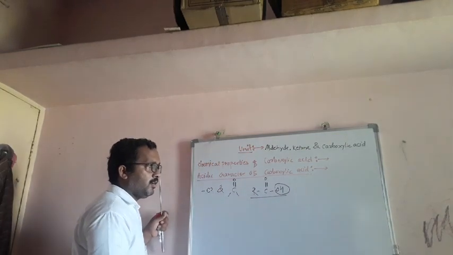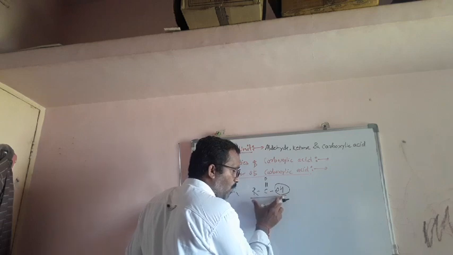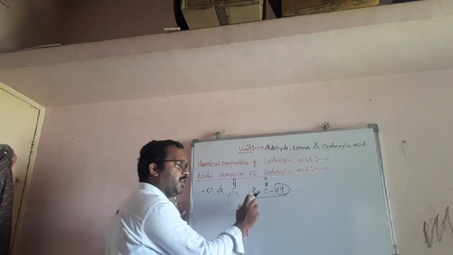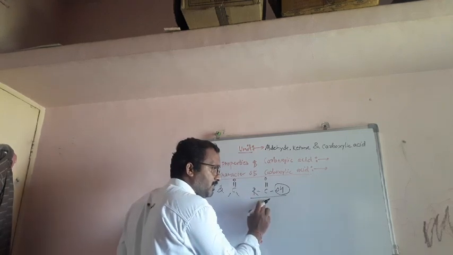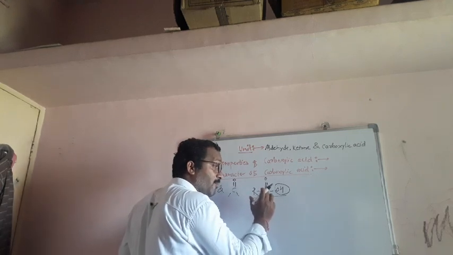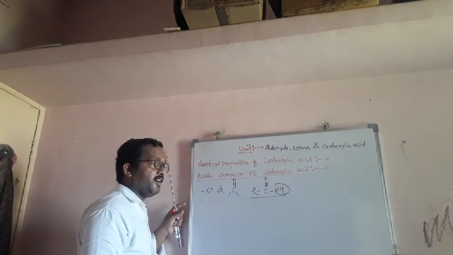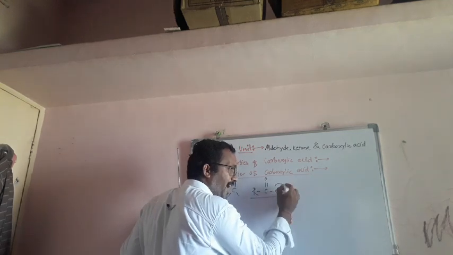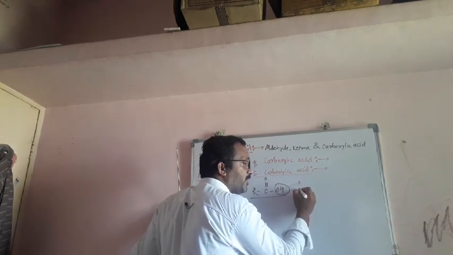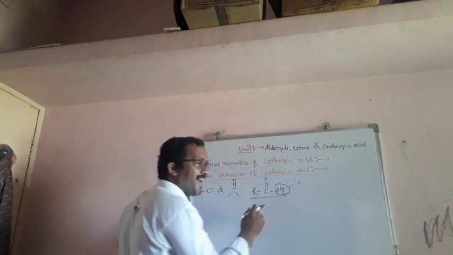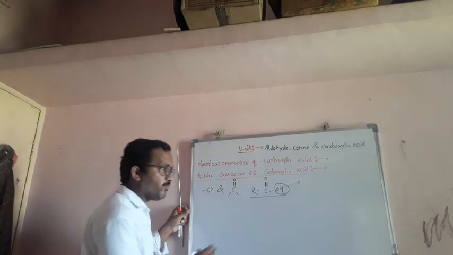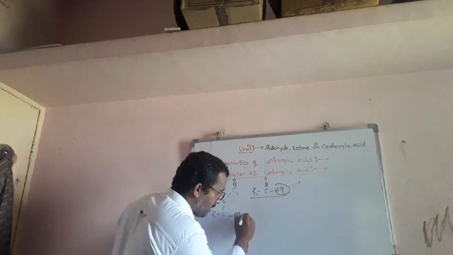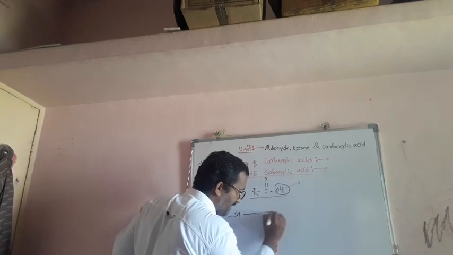In this, when the aqueous solution of this carboxylic acid gets dissociated, the hydrogen atom gets protonated and forms a carboxylate ion, RCOO minus.